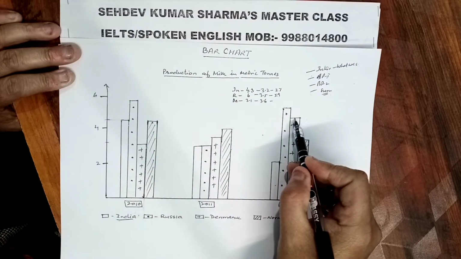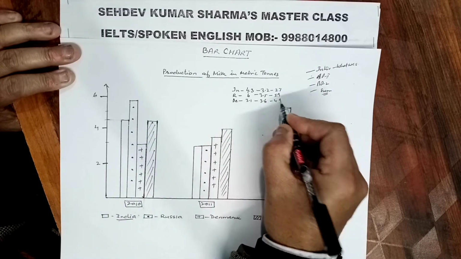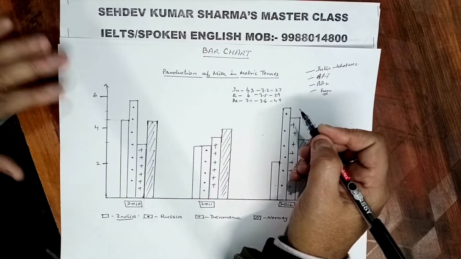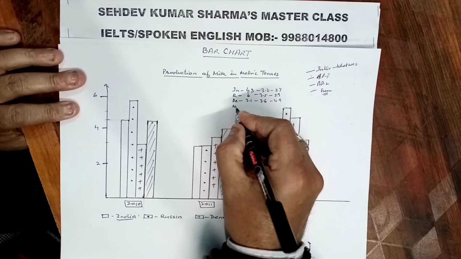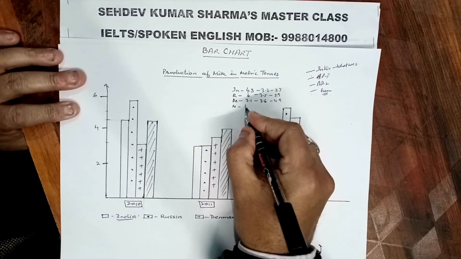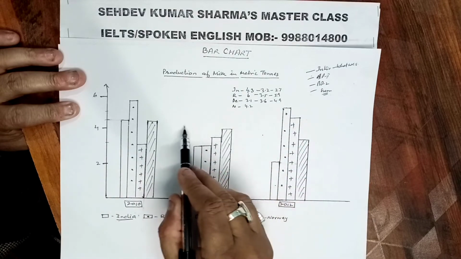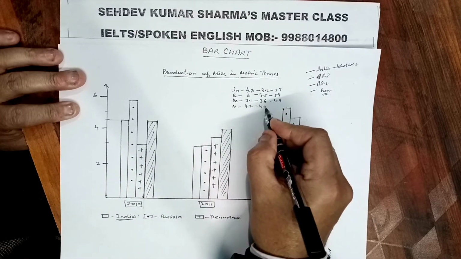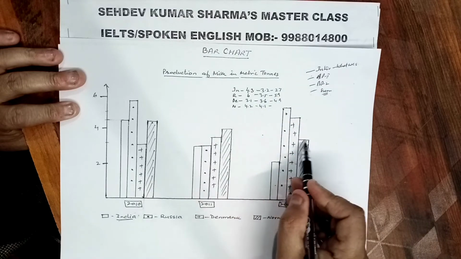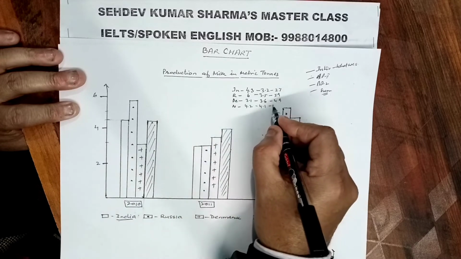And next, Denmark has risen to around 4.9 or near about 5. Done. And last is Norway. The data for Norway is at 4.2. Next, Norway is similarly near about 4.1. Then the data slightly decreased to around 3.8.